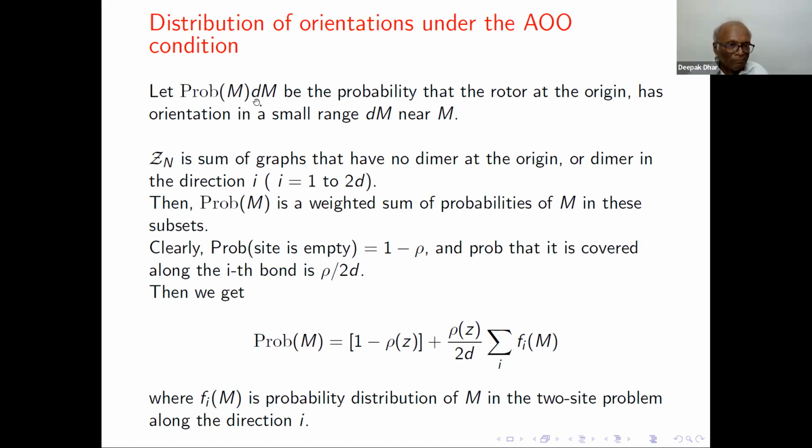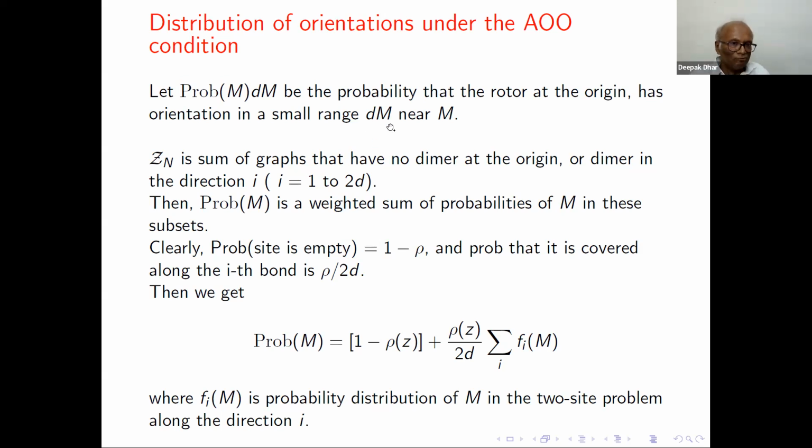So let prob dm be the probability that the rotor at the origin has an orientation near M in range dm. So please remember, these m's are perhaps some matrix variables, and dm is a suitable volume element in this group of orientations.